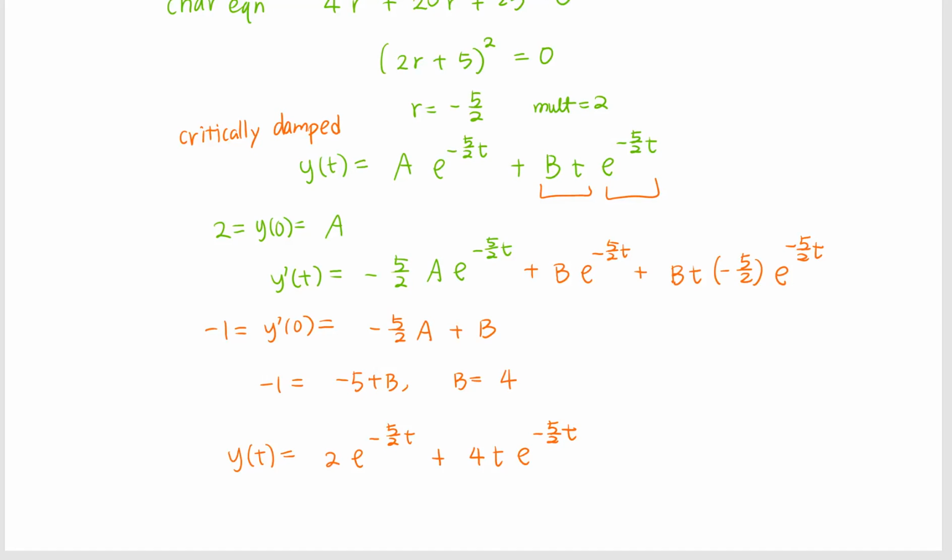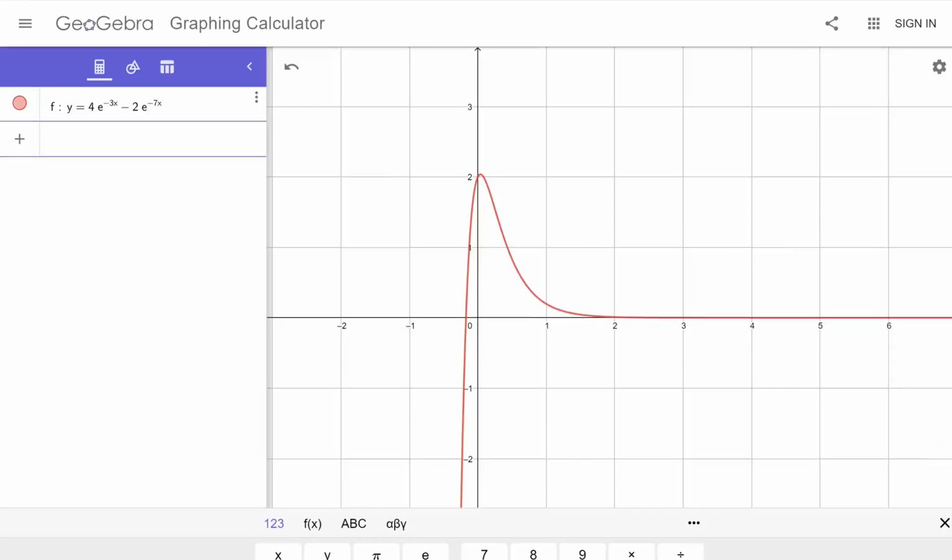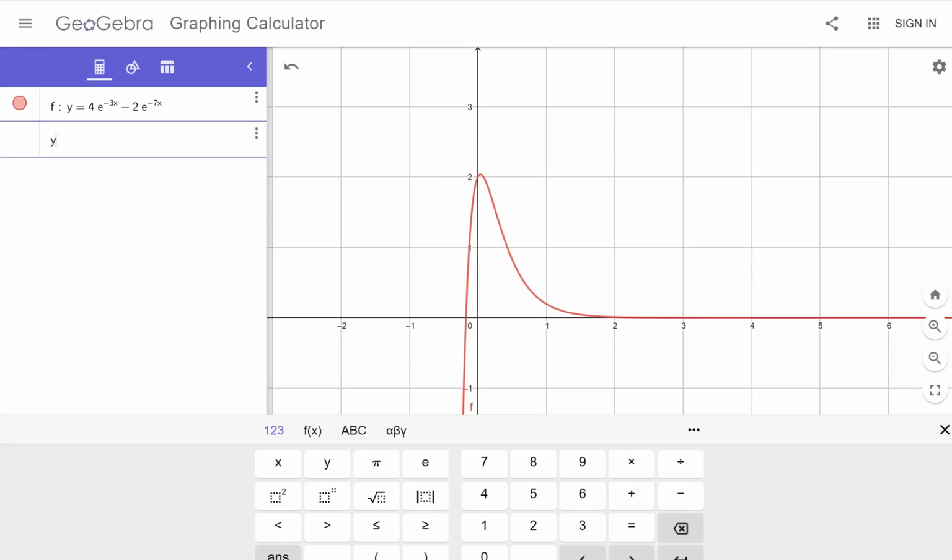All right, so let me type it here. y equals 2 e to the -5 over 2 x.